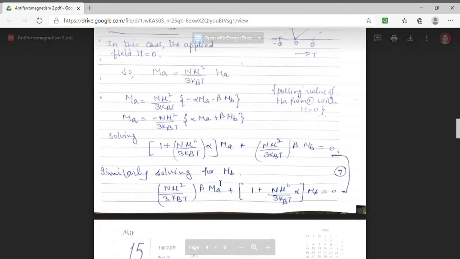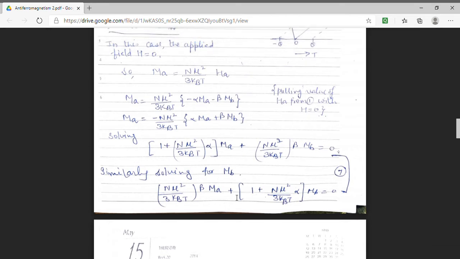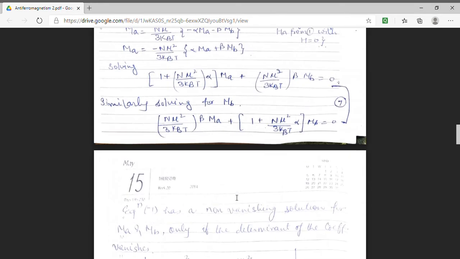So I get these two expressions, and these two equations will have a solution for Ma and Mb if the determinant of the coefficients vanishes.